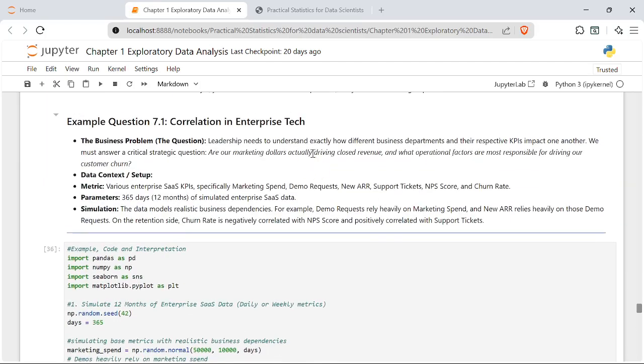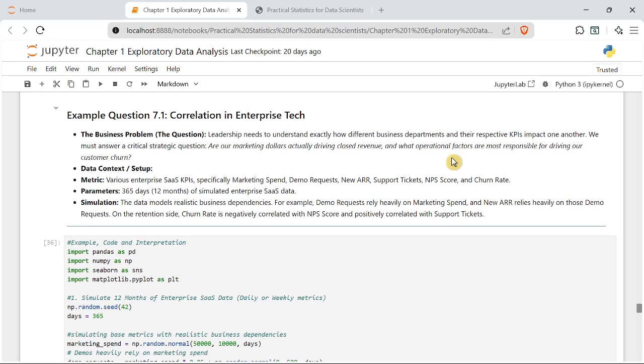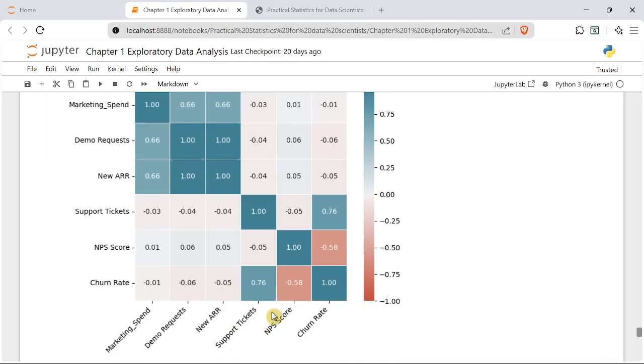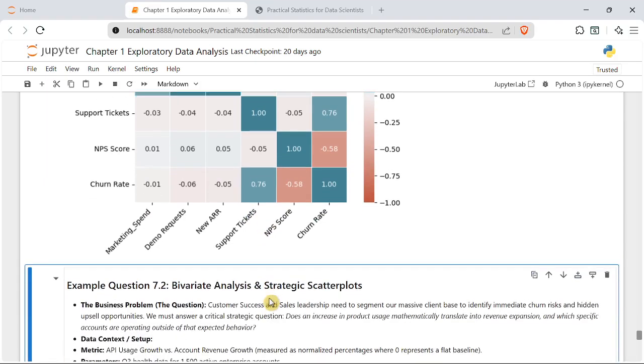So we have answered this question: yes, our marketing dollars are actually driving closed revenue, and operational factors like increasing support tickets are increasing our customer churn.